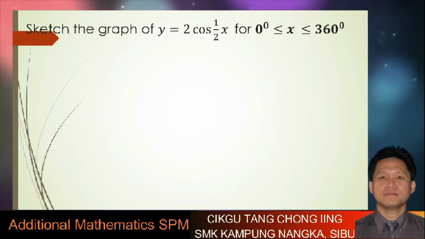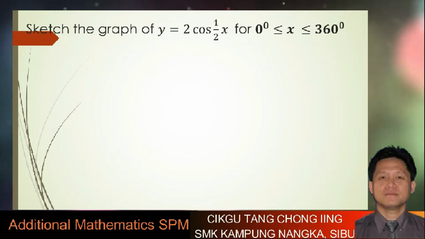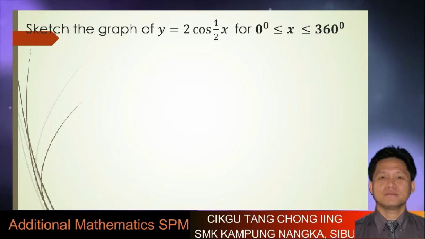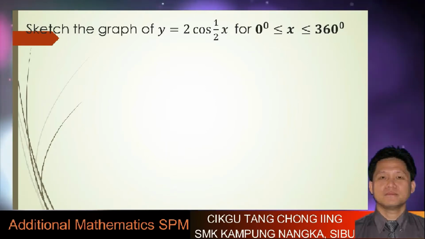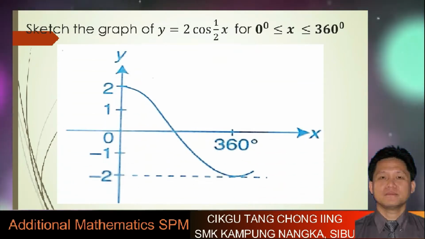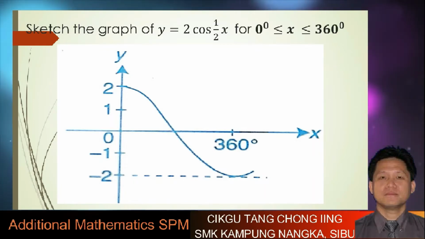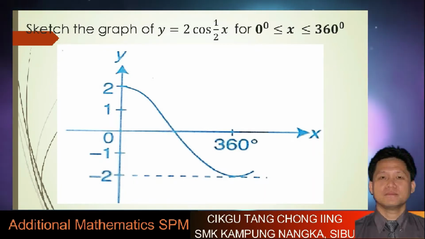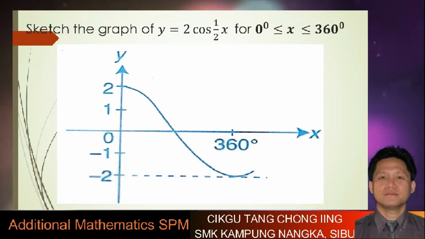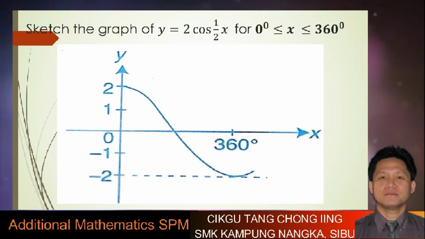Now let's look at this example. Sketch the graph of y equals 2 cos 1/2 x for x between 0 and 360 degrees. For this graph, we look at cos 1/2 x, which means between 0 and 360, we only get half of the graph of cosine.